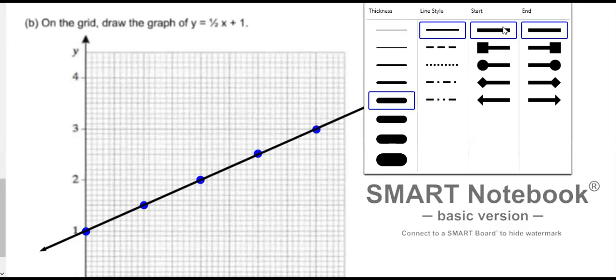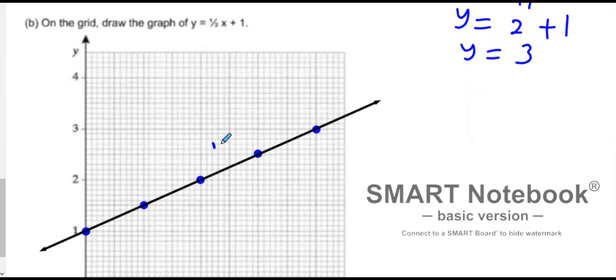That is the way we do that. Then you have to label it: y equals 1 over 2x plus 1. This equation has a graph which passes through these points. Right, you keep going.